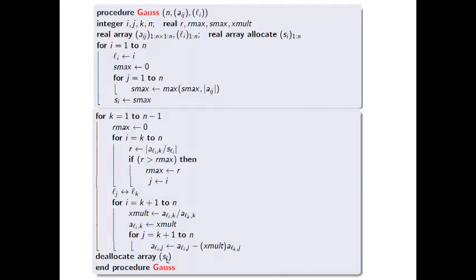Now, in the first loop up here, the initial form of the index array is being established, namely L_i is equal to i. Then the scale array is computed next. The statement for k equals 1 to n minus 1 initiates the principal outer loop.